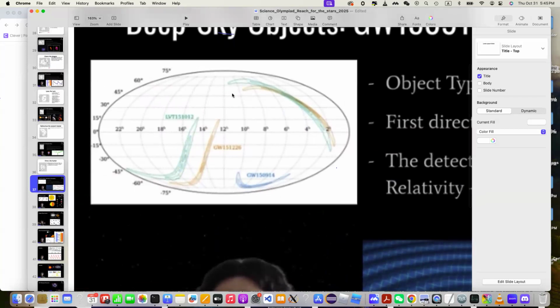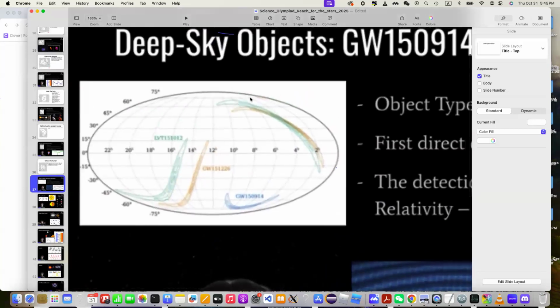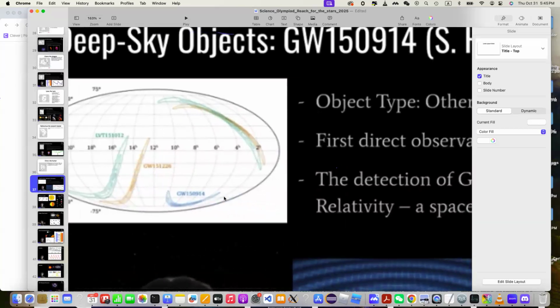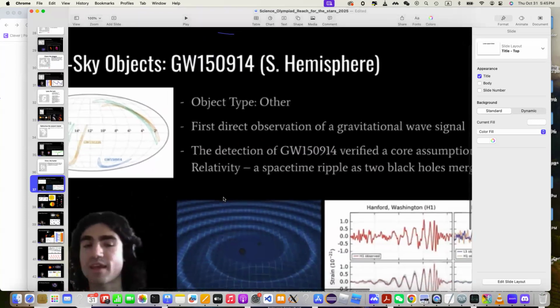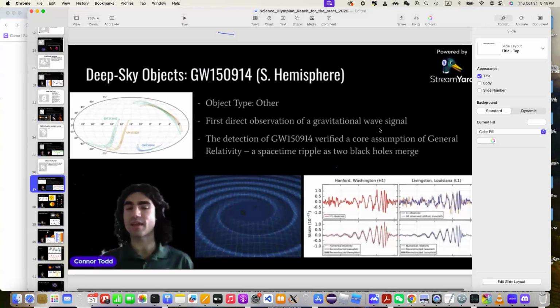For the other two detections, you can determine the stripe where it might be located, but it's possible in two directions. For 150914, it is only possible in the Southern Hemisphere. All these are done by modeling. This is the first direct observation of a gravitational wave signal.